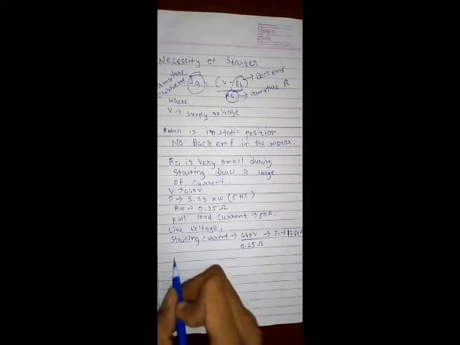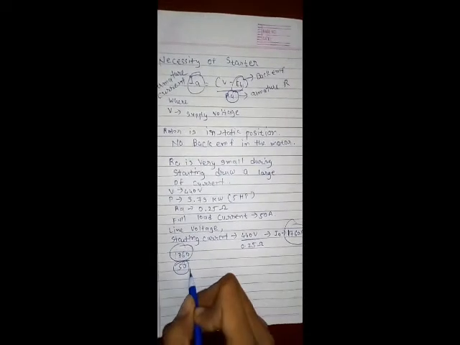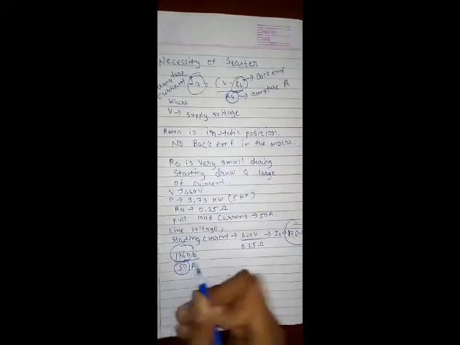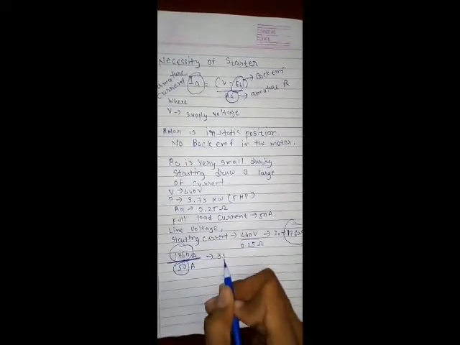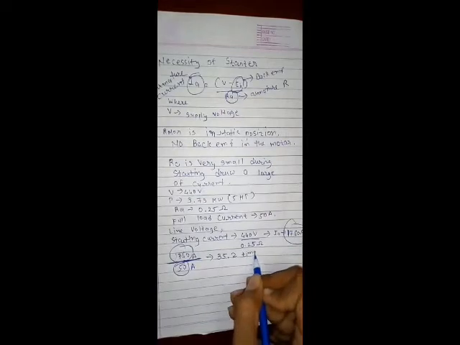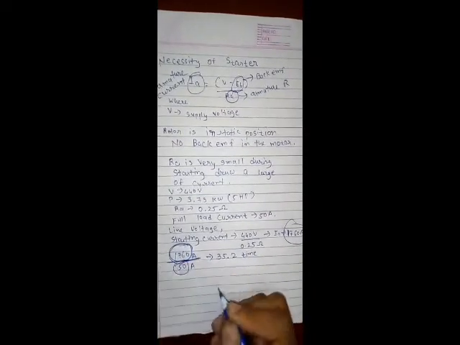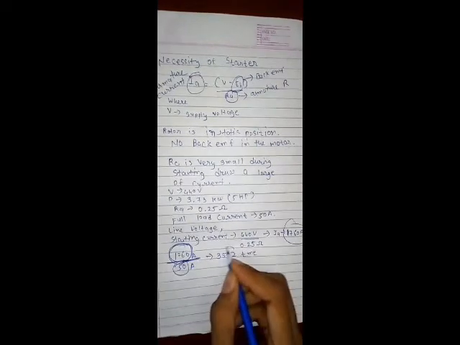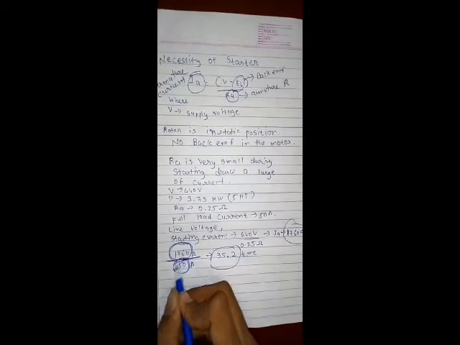Dividing 1760 by 50, the full load current, both in ampere, the ratio of these two currents is 35.2 times the full load current.